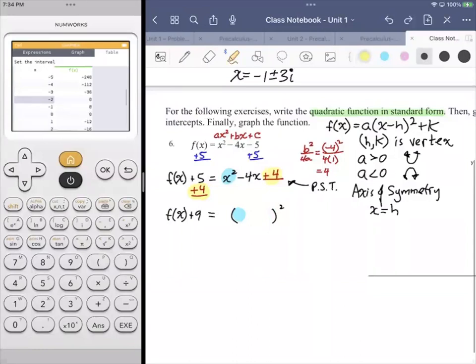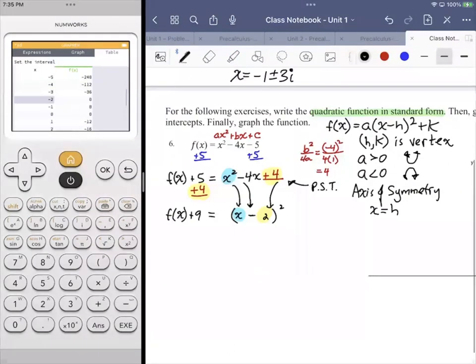I'm going to stick with yellow. So this is going to become an x. This is going to become a 2, and we're going to drag down that middle sign, so minus. If you have a factoring technique that you're more comfortable with when it comes to perfect square trinomials, by all means, but this is a nice, quick, user-friendly way of doing it.